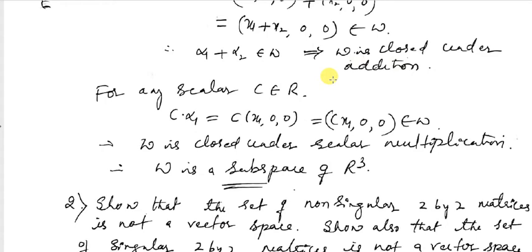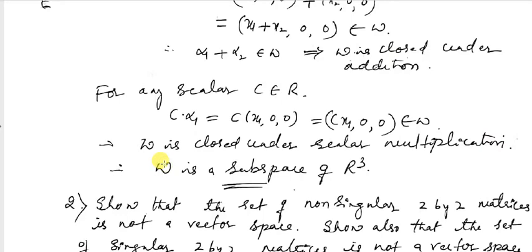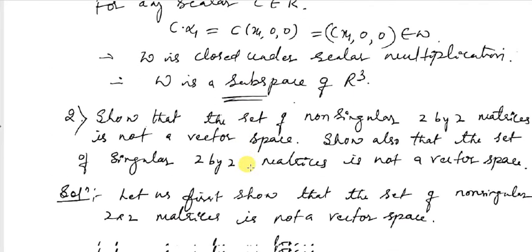Hence we can say W is closed under addition and scalar multiplication. Hence W is a subspace of R3. So it is easy to verify. Let me take one more example.